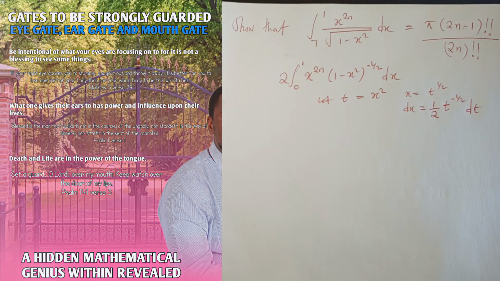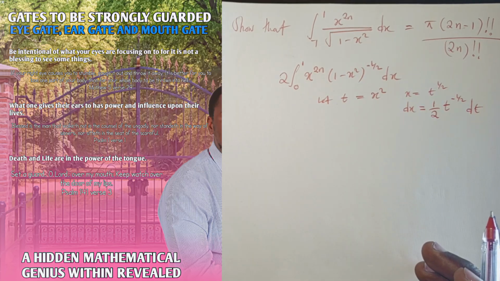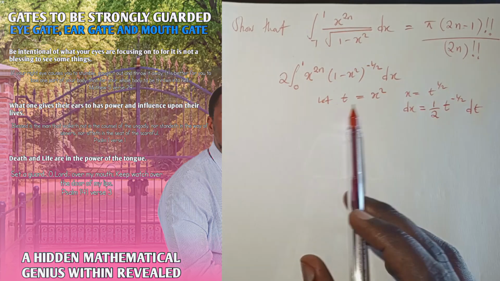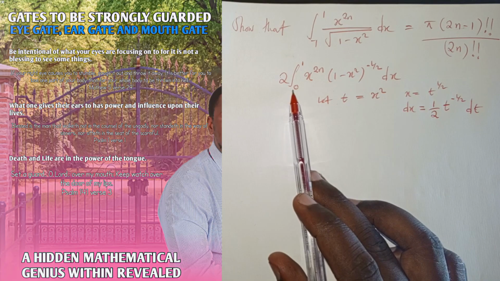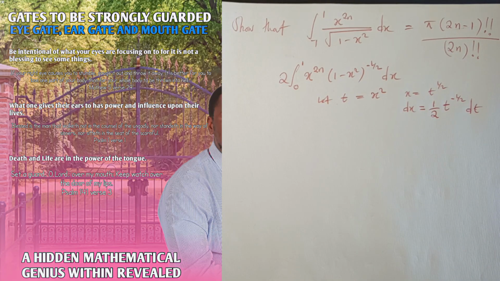Okay, so that is what you need to substitute where there is dx. The limits will remain unchanged, because if you put a 0 where there is x, you will get a 0. If you put a 1, you still get a 1. So the limits will be maintained.